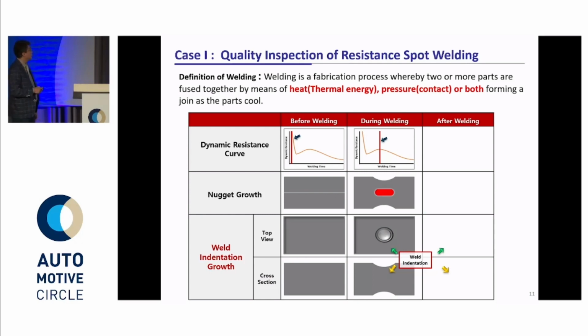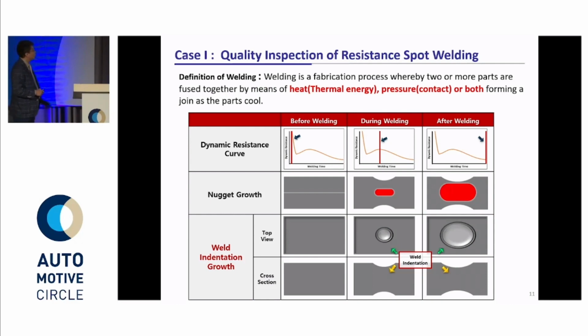And at the same time, the dynamic resistance value starts to reach the maximum and starts to go down because of this indentation formation. That's how people started to use this dynamic resistance curve to inspect some of the welding quality for resistance spot welding. As the welding goes further, the nuggets continue to grow more.